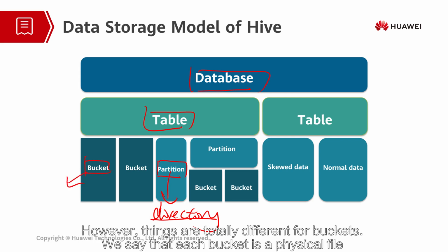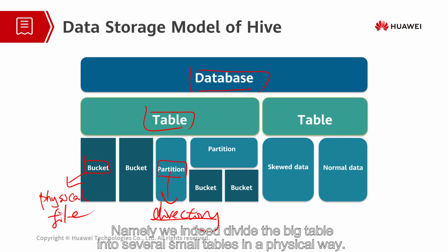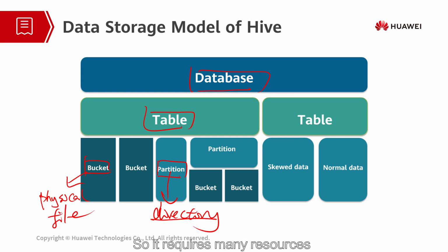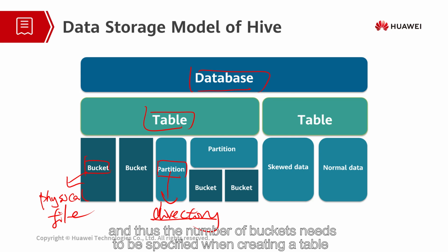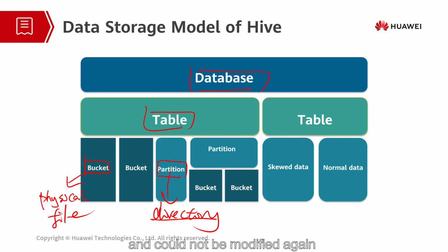We say that each bucket is a physical file. Namely, we indeed divide the big table into several small tables in a physical way. So it requires many resources, and thus the number of buckets needs to be specified when creating a table, and could not be modified again.